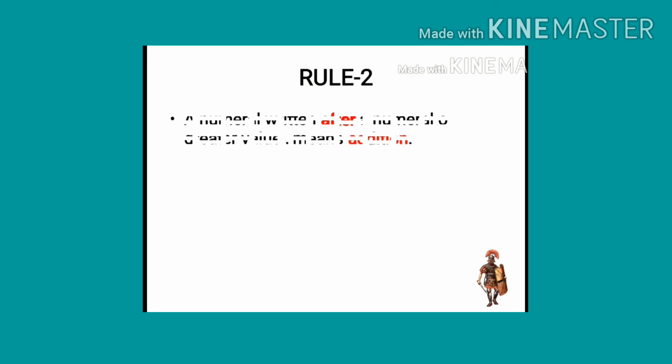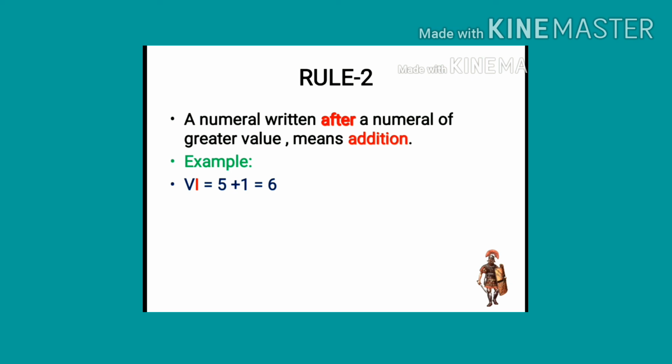Now, the next rule, rule 2. A numeral written after a numeral of greater value means addition. Now, we have the numeral given as V I. V represents 5 and I represents 1. So, V I is equal to 5 plus 1, which is equal to 6.